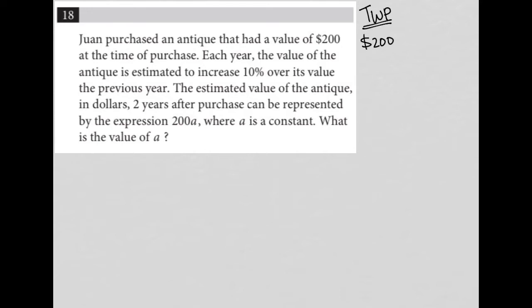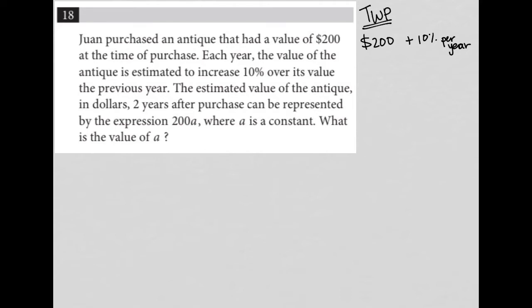So $200. The next sentence says, each year the value of the antique is estimated to increase 10% over its value the previous year. Okay, so each year is like plus 10%, and I'll just say per year. That's my translation. The estimated value of the antique in dollars 2 years after purchase can be represented by the expression 200A.